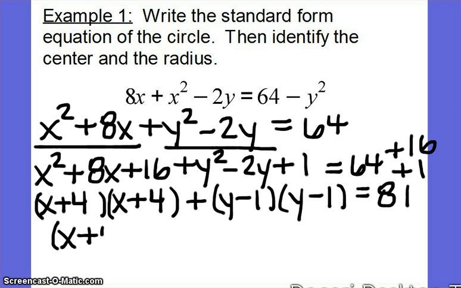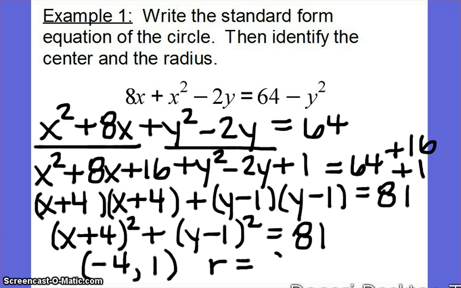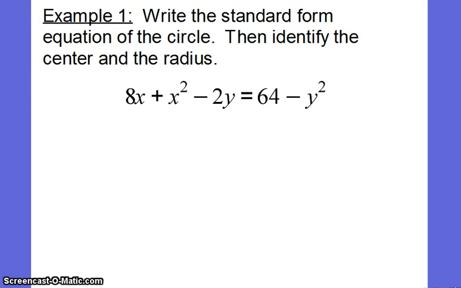And then if I rewrite factor form using a square, I have the standard form equation of a circle, where my center is the point (-4, +1), because remember in our standard form equation the negatives were included in the equation, and my radius is the square root of 81, which is 9. So there's the standard form equation with the radius and the center.